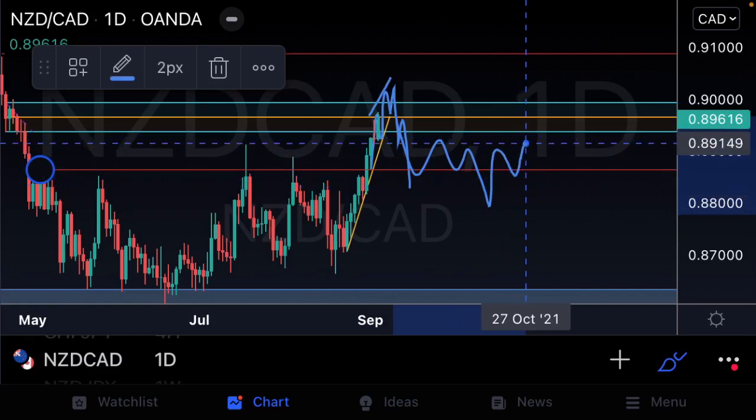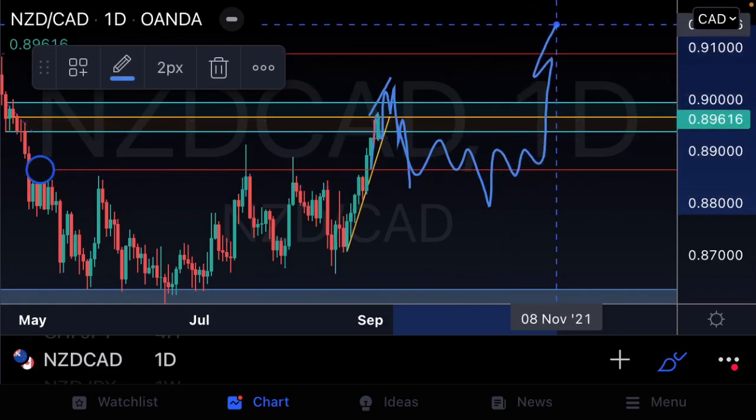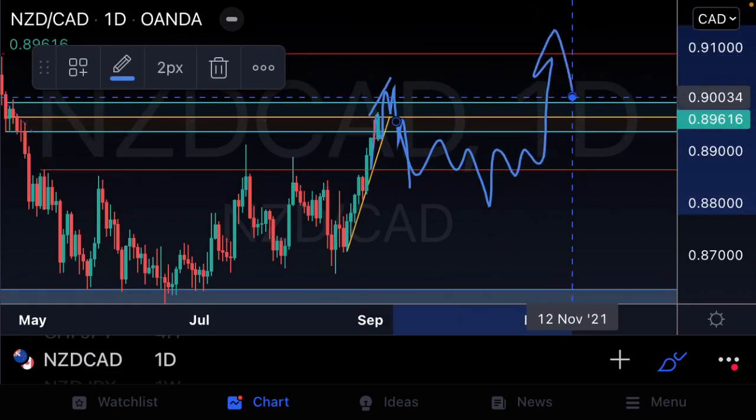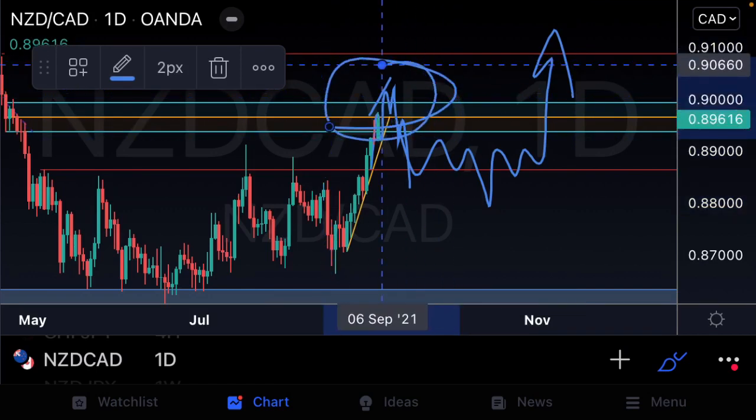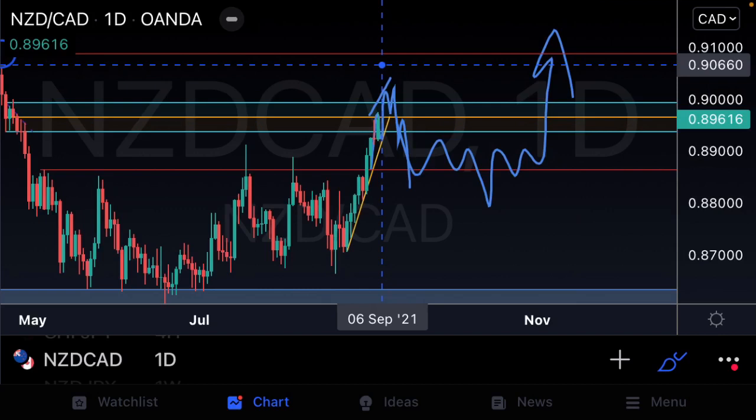So guys, we do still have a nice potential bullish bias on New Zealand dollar CAD, but right now, because price is super impulsive to the upside and we're at those resistance areas, it makes more sense for us to be bearish bias than bullish bias at this point in time.